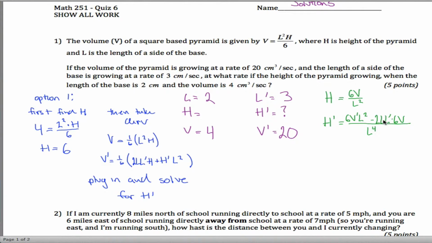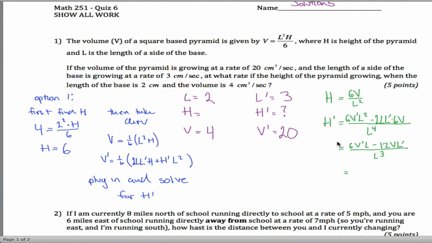I've got an L here, an L here, and an L here. I could simplify this and make it 6V prime L minus 12VL prime, divided by L to the 3rd power.